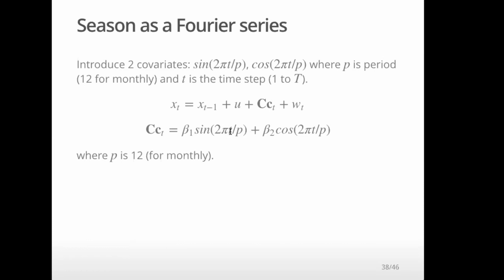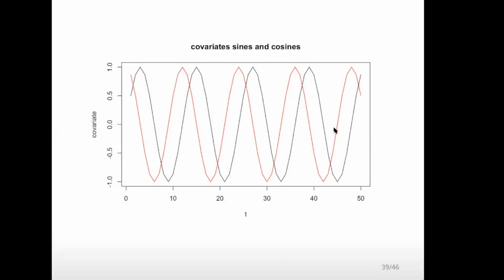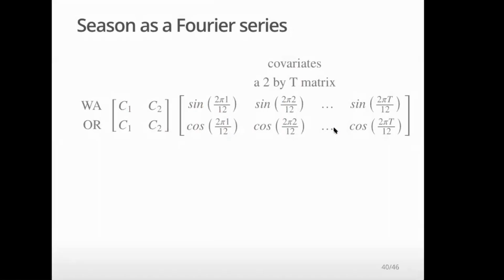So if you have 100 time steps, t is 1 to 100, and p is the frequency or the period. So for monthly data, that's 12. Quarterly data, that'd be 4. And then you have the cosine. That's what it looks like if you plotted those covariates. And then this hopefully is starting to look familiar.